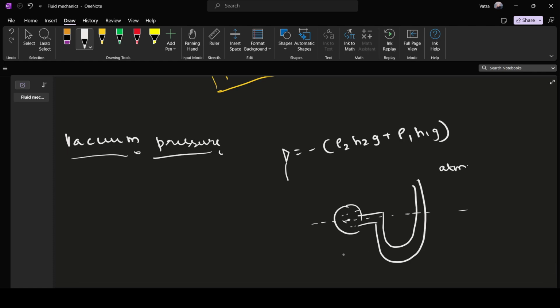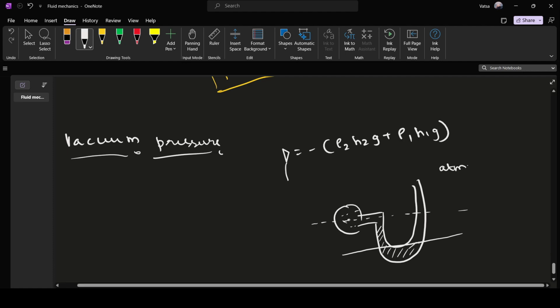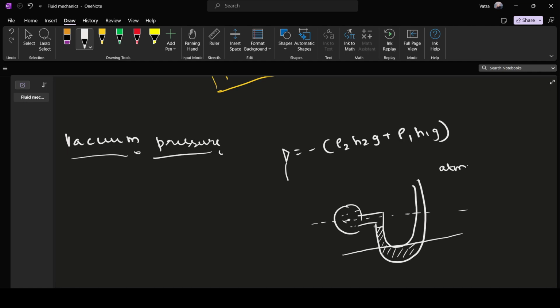So our datum line is this. Let us assume, this is the only rise, like the liquid rises in the opposite direction. We're getting it, right? So that means our H2 is this one.